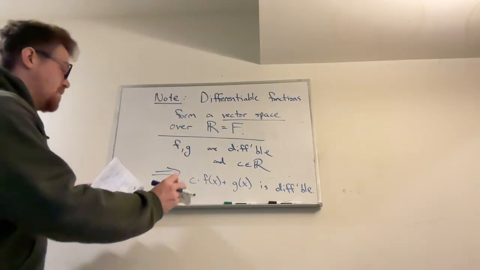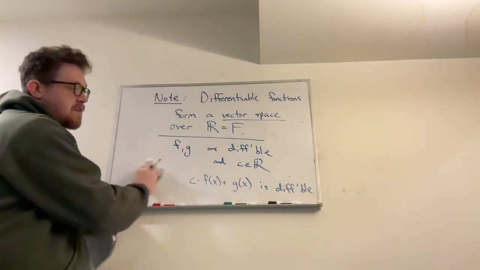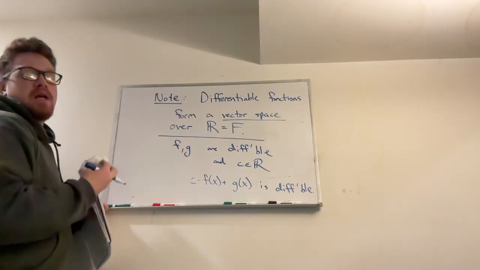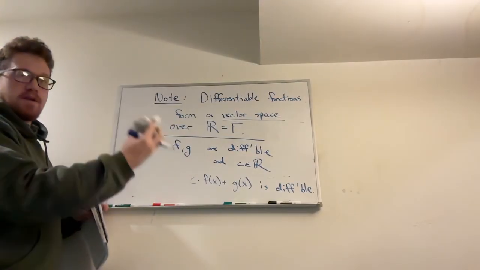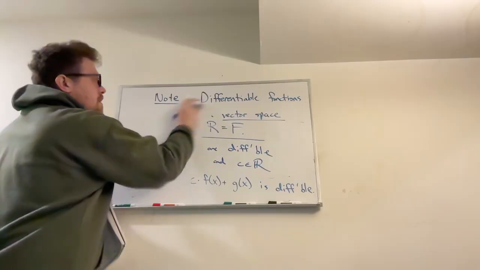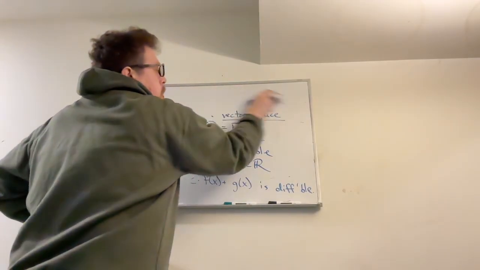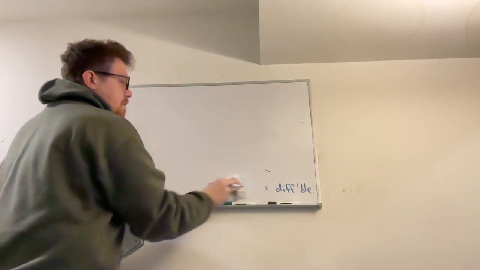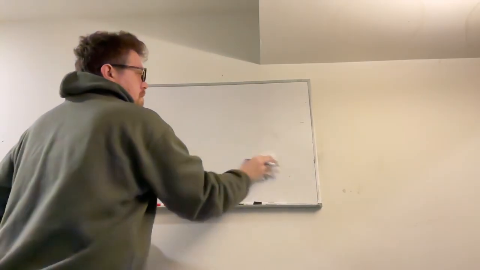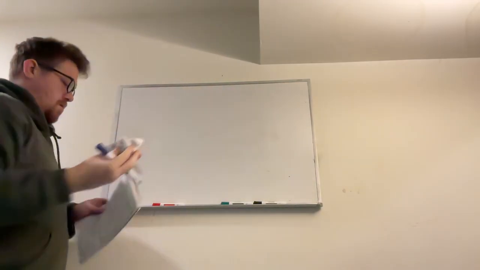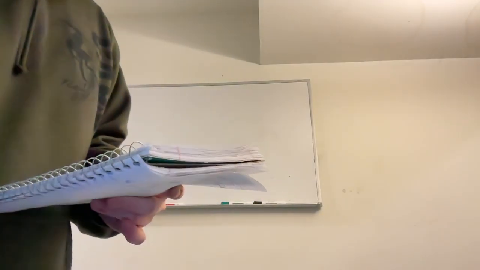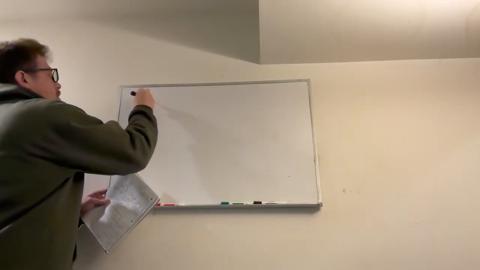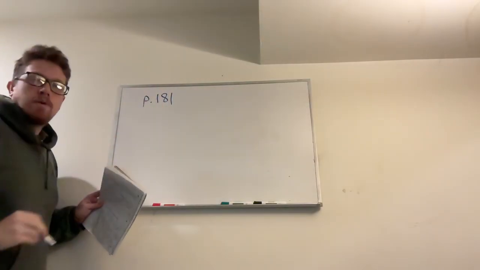So I'm going to do a problem real quick. This is just going to be to touch base, make sure all the rules we were just talking about, how would you apply those? I'm just going to make that very explicit for you here. Okay, and this is page 181 in the Stewart book.